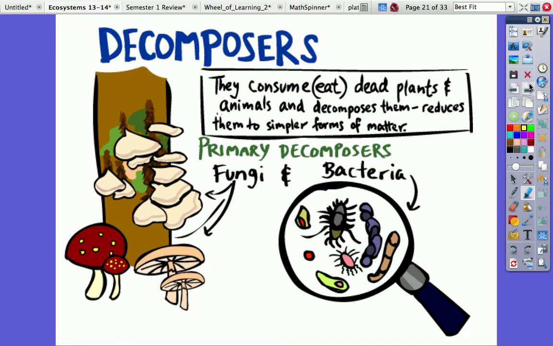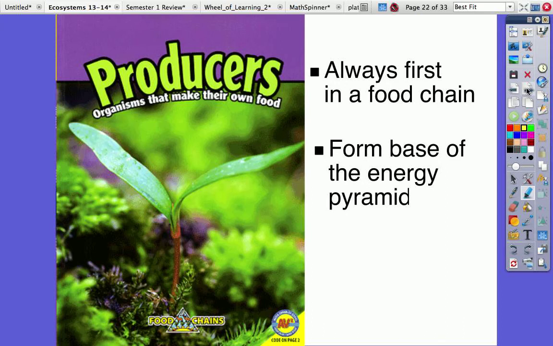Every organism, like we said, has a role. They're either a decomposer, a producer, or a consumer. The decomposers consume or decompose dead plants and animals. Decomposers are fungi and bacteria. Producers, they're always the first in a food chain.